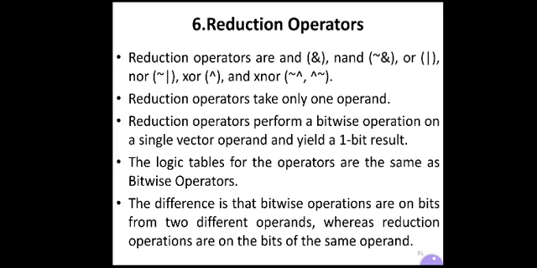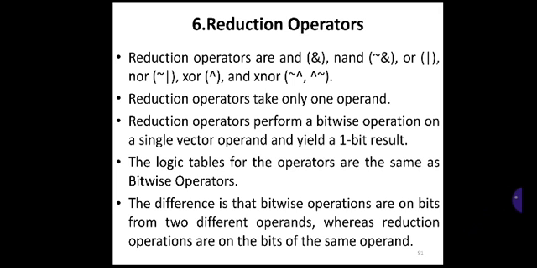So reduction operators perform a bitwise operation on a single vector operand and yield a 1 bit result. The result is 1 bit here. So we can see the truth table here. The truth table is exactly similar to the previous topic, that is bitwise operator. In the bitwise operator we have seen AND, NAND, OR, NOR, XOR, XNOR operation. So the result truth table is same.